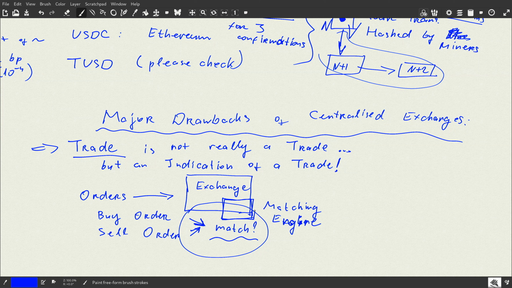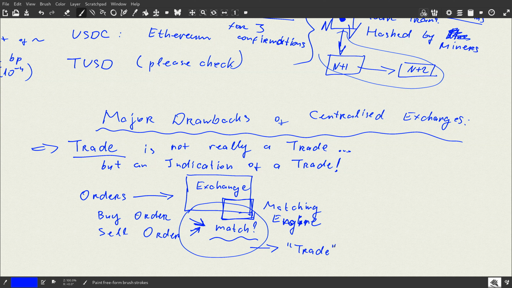If there is a match, then a match results in a kind of trade. Why do I say a kind of? Because that's entirely an artifact which is living inside the matching engine.